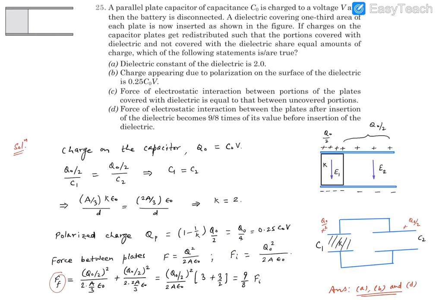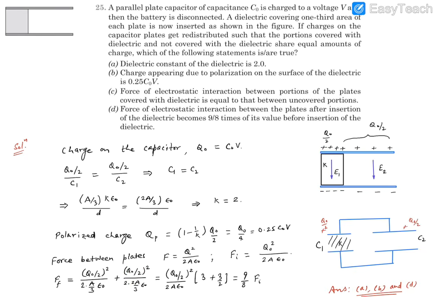Finally, the force of interaction is going to be between these two plates and between these two plates. It's going to be Q square upon twice A epsilon naught, but A is going to be A by 3, Q is going to be Q naught by 2. For the second, it's going to be Q naught by 2 and twice A by 3.